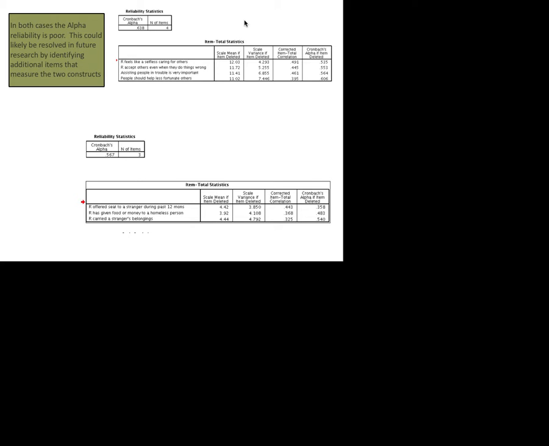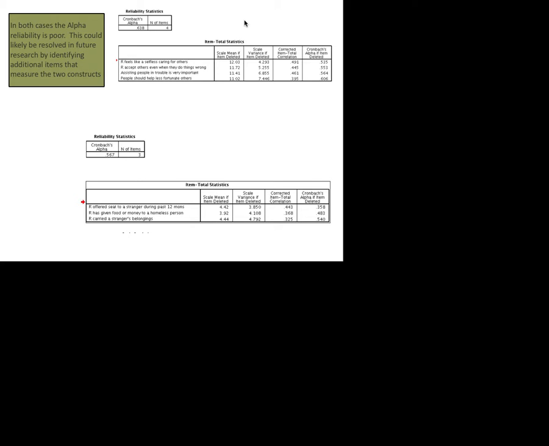If it gets too high, I get a little nervous. If it's 0.99, it could mean different things, but it certainly could mean that people didn't discriminate much when they answered your questions, and they just circled the same answers all the way down. It may not always mean that, but it could mean that.